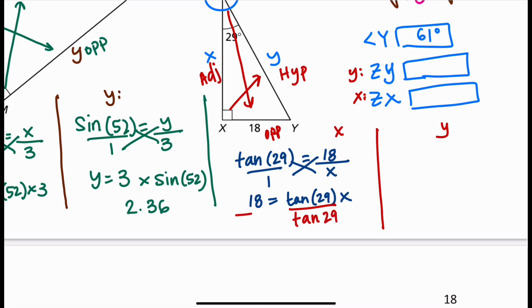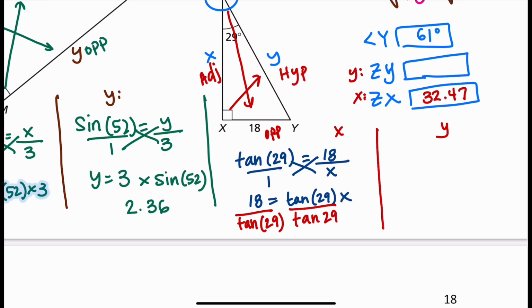They're multiplying, so the opposite of multiply is divide. And x is approximately 32.47. So make sure you put it in the right box. Like I've had people before that'll swap these and then they'll get the whole problem wrong because they didn't put it in the right place.